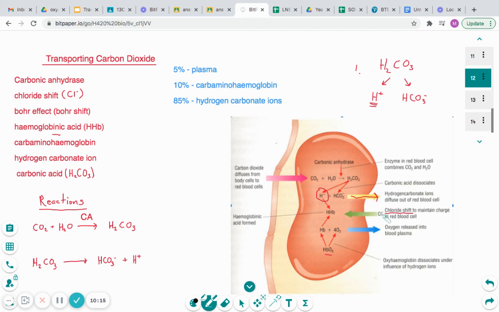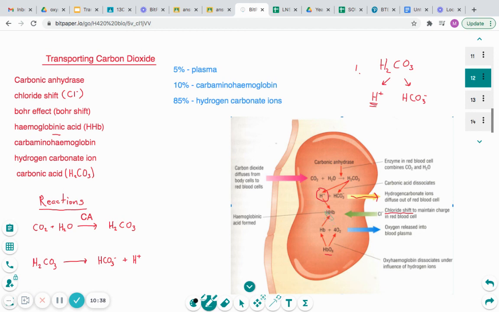So chloride ions had to be pumped in, and then we call that the chloride shift. We discussed that hemoglobin is acting as a buffer because it can bind with hydrogen ions to form hemoglobinic acids. And then finally, how this acidity can actually, that's the last thing to mention.